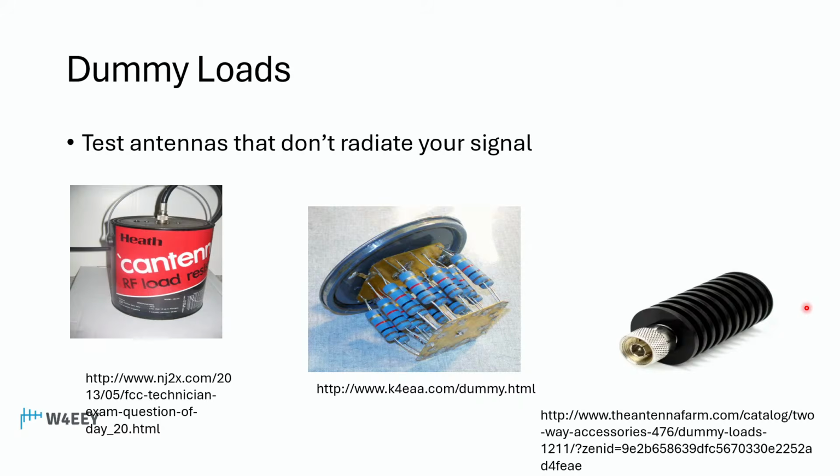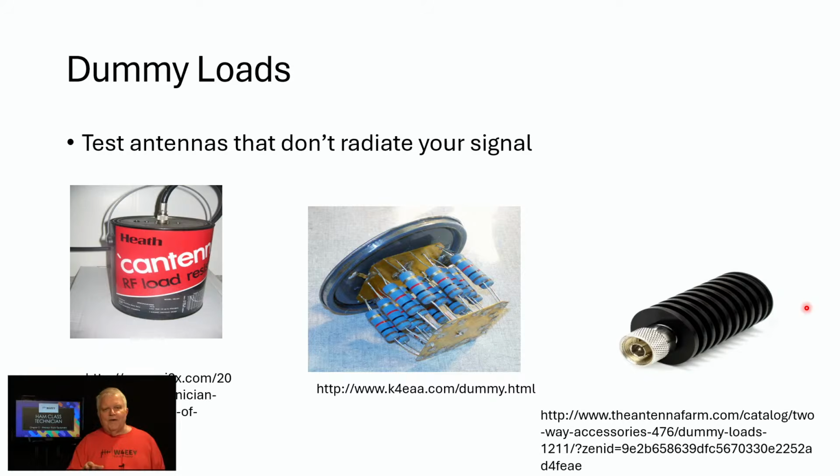It's a paint can with a 50 ohm non-inductive resistor inside and a bath of mineral oil. And that'll take 1,000 watts for a few seconds, and you can use that to make measurements at high power, or you can build your own dummy load as well. Just make sure you use non-inductive resistors here, and you can buy dummy loads for HTs and other devices from Amazon and other places to do testing.